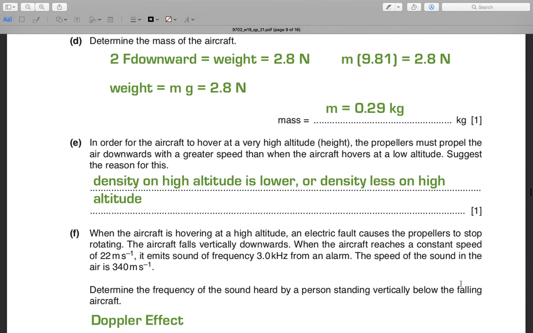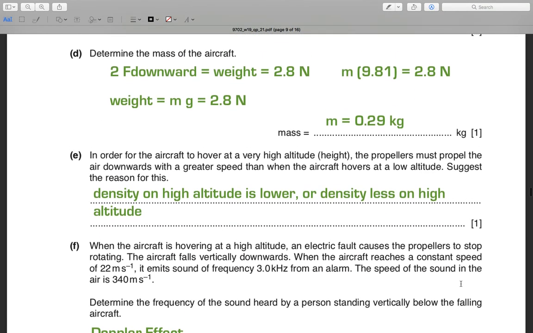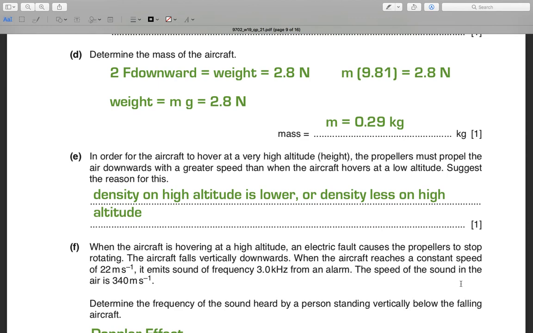Other questions, E and F. E first. In order for the aircraft to hover at very high altitude, the propellers must propel the air downwards with a greater speed than when the aircraft hovers at a low altitude. Suggest the reason for this.